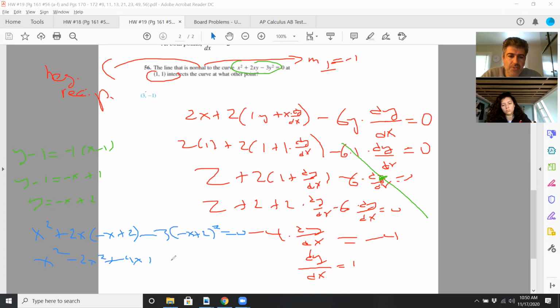You can see why I'm a little frustrated here. You have to FOIL that, which is x squared minus 4x plus 4. So I did that in my head. Then you do minus 3, then you combine like terms, then you solve it. You will get 1 and 3 as your answers. So you get x equals 3, and then the y value is going to be negative 1. Just trust me, that's what happens when we work it out.